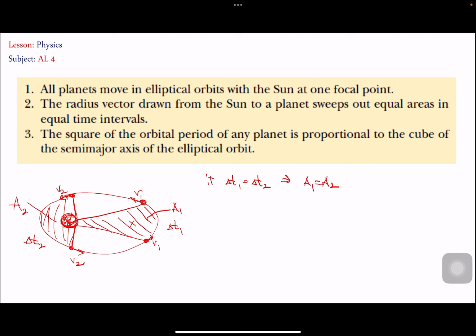We will come to the mathematical calculations for this one.